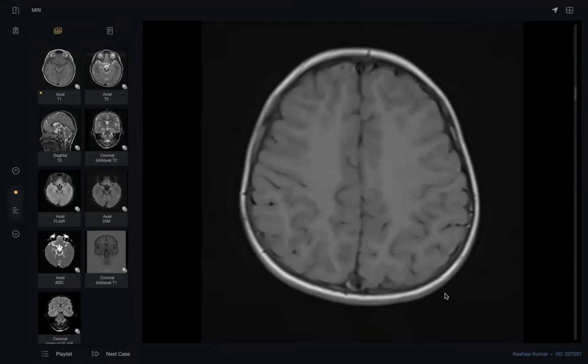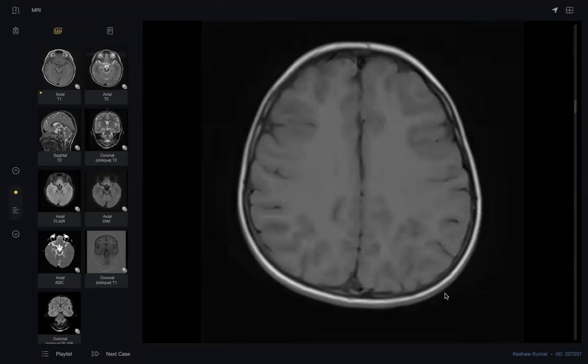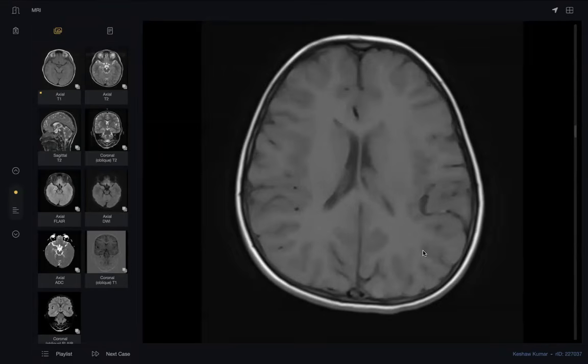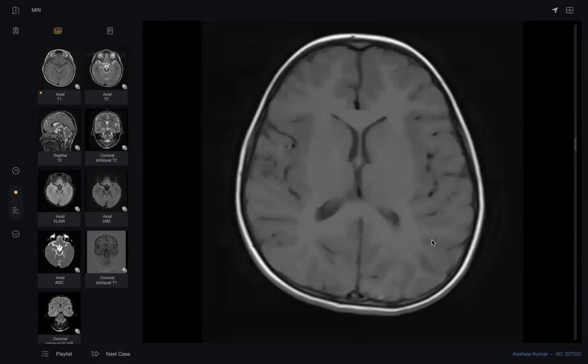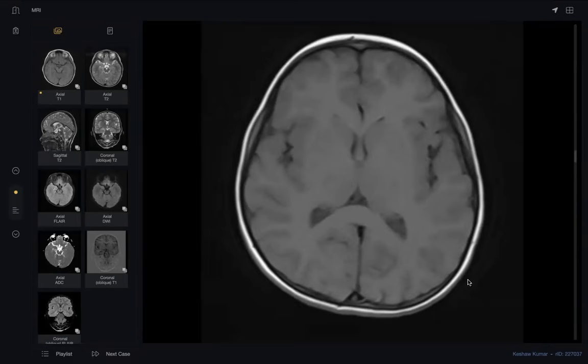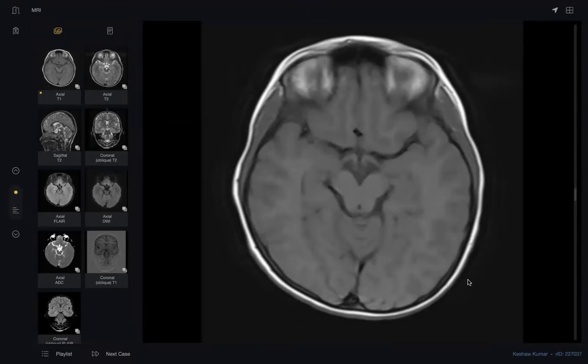I do not see any ependymal or subependymal hematomas, any mass lesion at the foramen of Monro, and I also don't see any significant migrational abnormalities. I do not see any schizencephaly, any porencephaly.